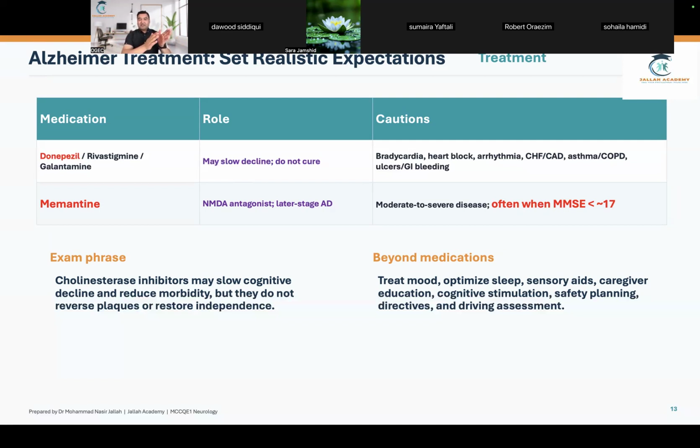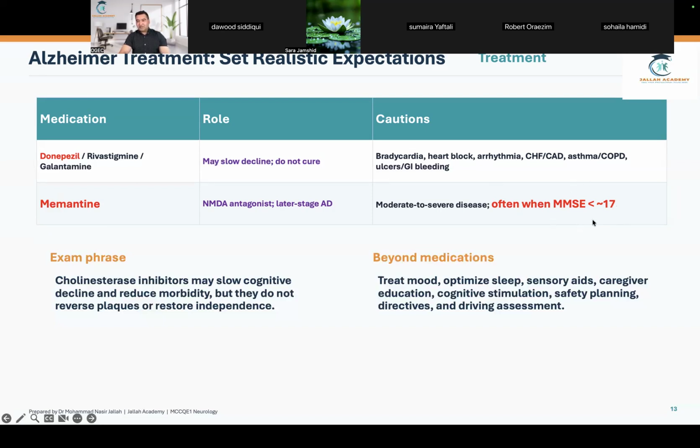But anyway, let's say the patient has Alzheimer's and she has been receiving donepezil for 3 or 4 years. Now, the mini mental status exam recently shows that it is 15. So when the mini mental status is less than 17, memantine is the best choice. Okay? Memantine is the best choice.